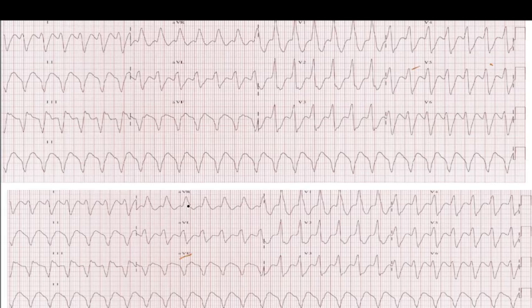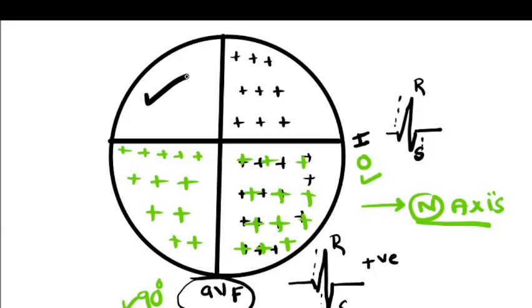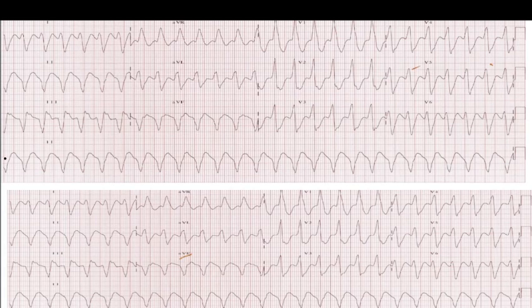Why? In all ventricular tachycardia, the axis is extreme axis or indeterminate axis. This is the answer. If it is a VT case, you don't have to do what we have done so far, like drawing the circle. If it is ventricular tachycardia, it is going to be indefinite axis or extreme axis.